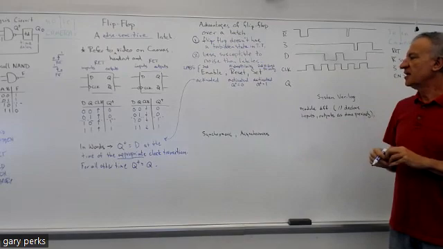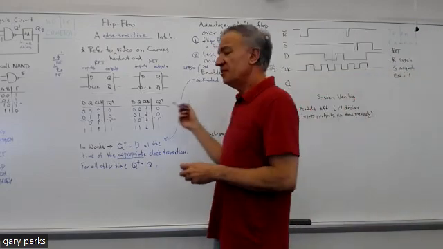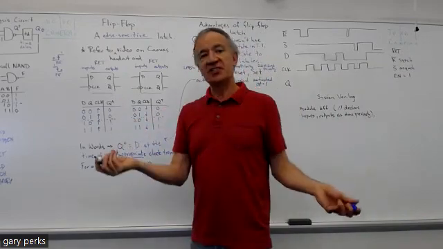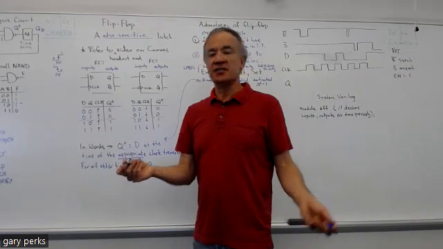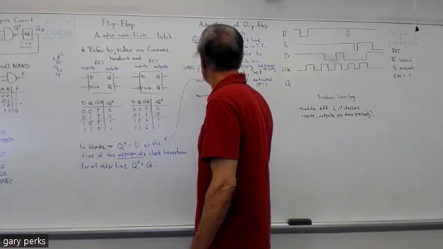All right, so what's meant by activated? Well, there's 2 ways that you can activate an input. One is with a 0 and one is with a 1. If these are activated with a 0, they're called active low.